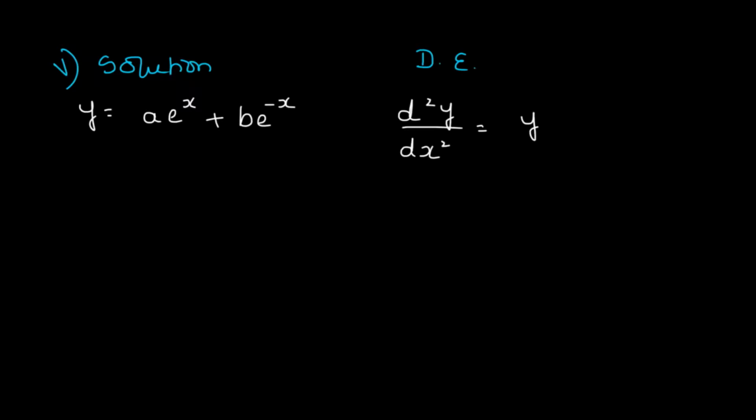The fifth question, the solution given is y is equal to a e raised to x plus b e raised to minus x, and the differential equation is d2y by dx2 is equal to y. So just consider the given solution.